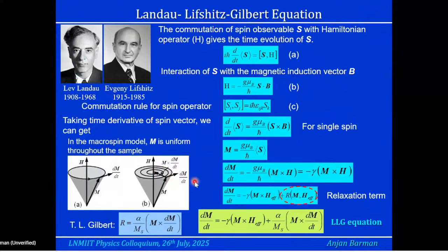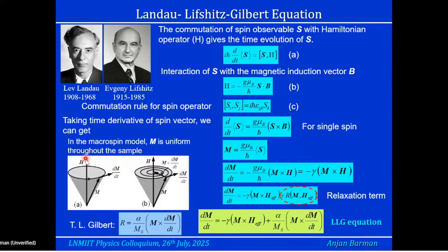And this is governed by the Landau-Lifshitz equation, or Landau-Lifshitz-Gilbert equation, which is like that. dM/dt, the rate of change of magnetization, is given by minus gamma M cross H_effective. Gamma is called the gyromagnetic ratio, or magnetomechanical ratio, M is the magnetization, and H_effective is the effective magnetic field.